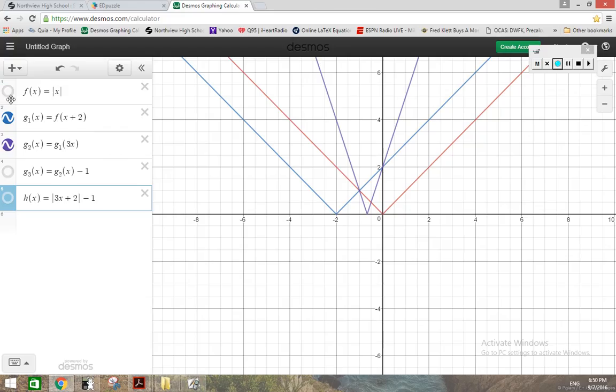Again, we have the absolute value of x, we shifted it to the left, and now we have a horizontal shrink, squeezing in towards the y-axis. You can see the vertex, if I divide that by 3, is -2/3, which as a decimal is -0.6666667, rounded to 3 decimals.